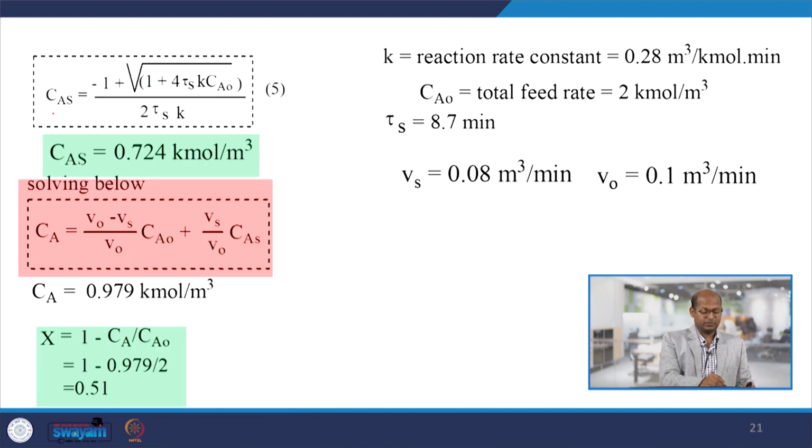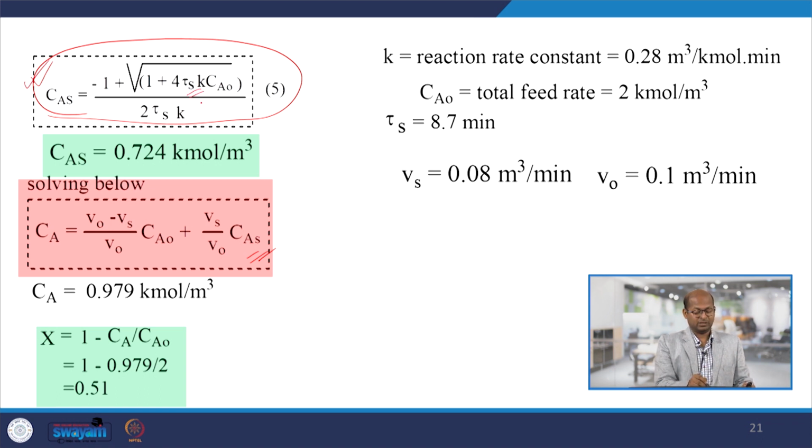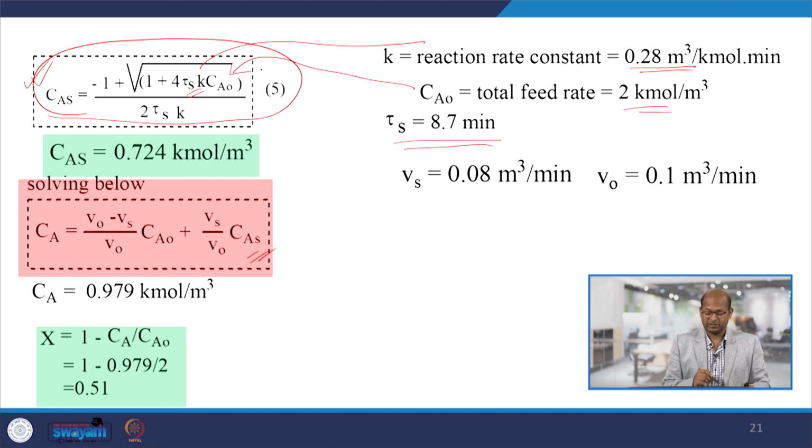Now from equation 5 we can get Cas and substitute it here, then we get Ca, or else we can find Cas directly from tau s and the k value. Here, k is given, Ca naught equals 2 kilomole per meter cube, that is given, we can put it here, and tau s equals 8.7.